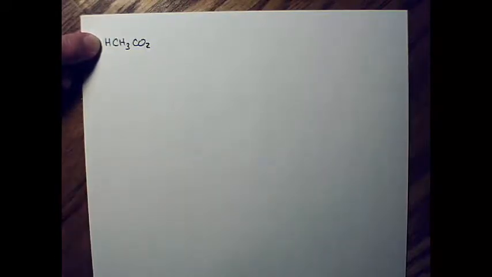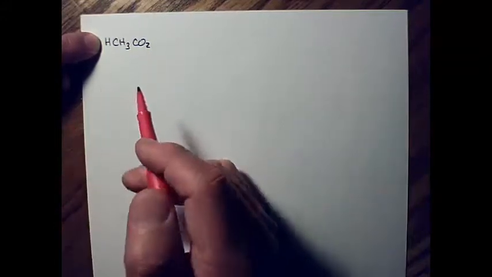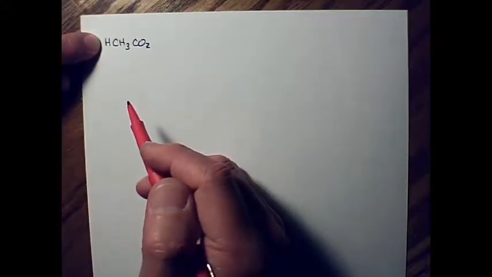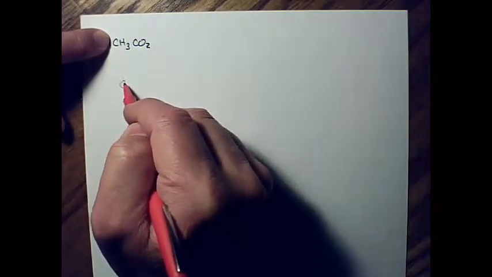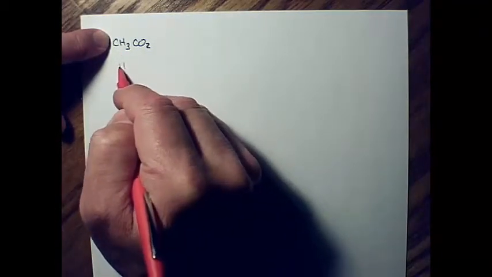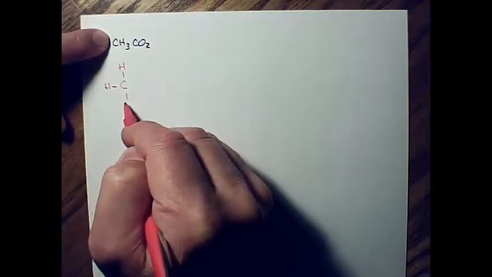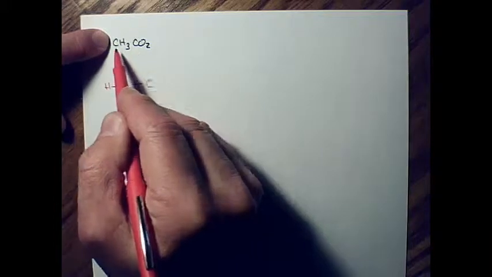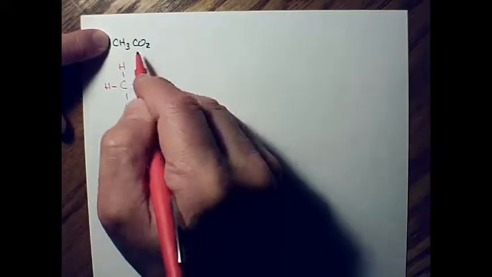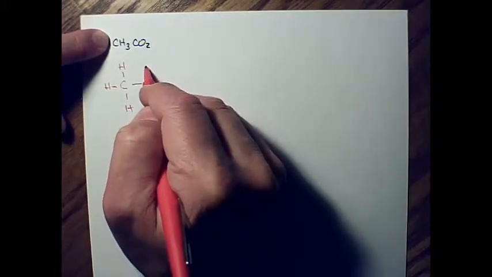If we were writing this in the way we would write it for an organic acid, and it is an organic acid, we'd have a carbon with 3 hydrogens on it, and that would be bonded to another carbon. So there's 2 carbons here, and then the carbon has 2 oxygens on it. One of those is double bonded.